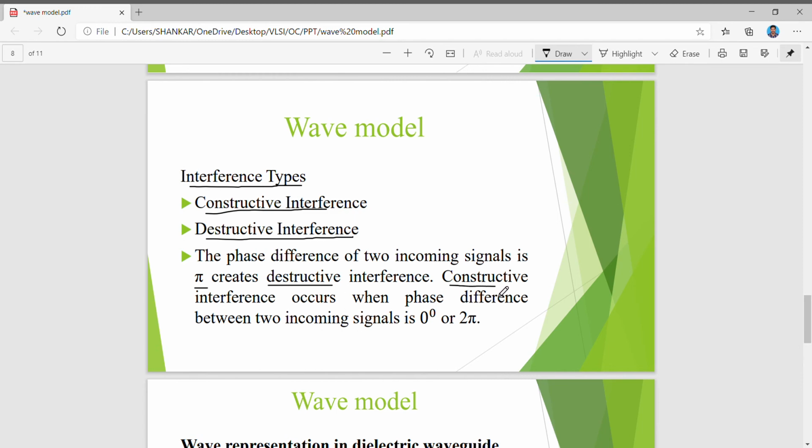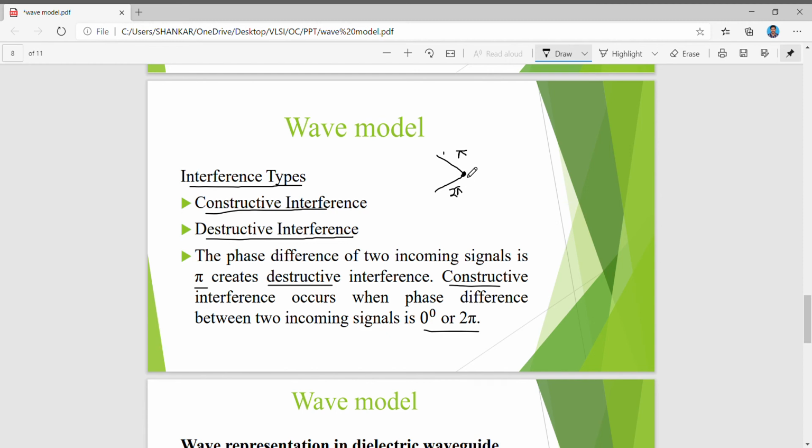And constructive interference occurs when the phase difference between the two incoming signals is 0 degrees or 2 pi degrees. Let us suppose this signal has an angle of pi, and another signal is incident with an angle of 2 pi, so at this point both signals interact with each other.